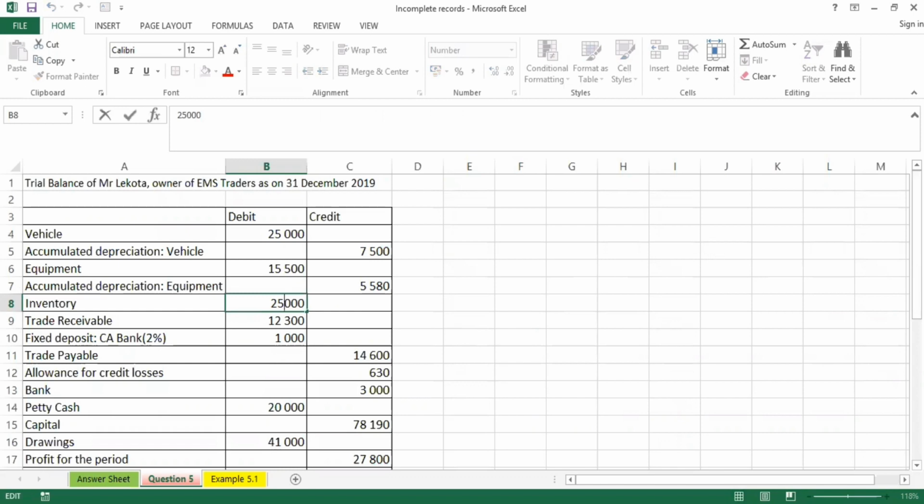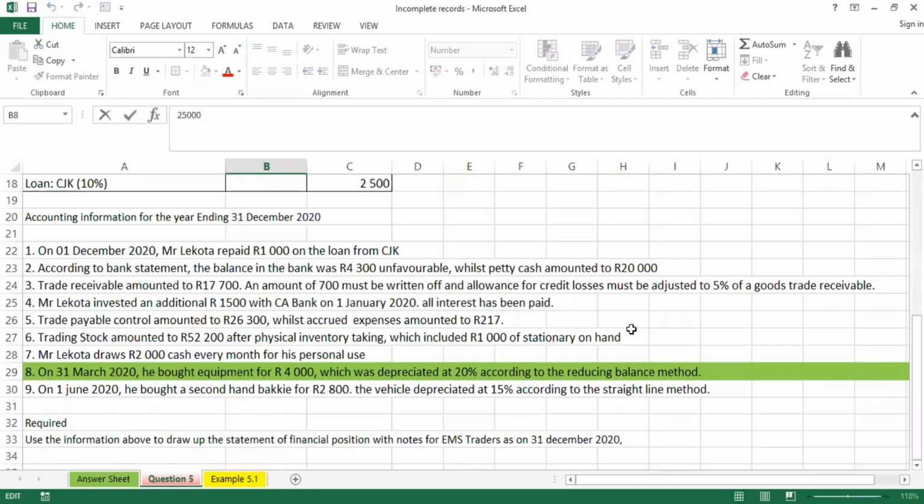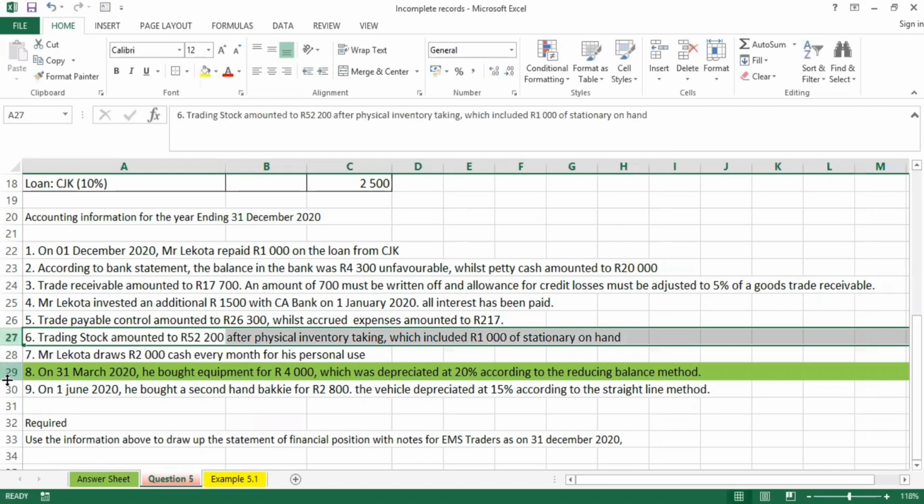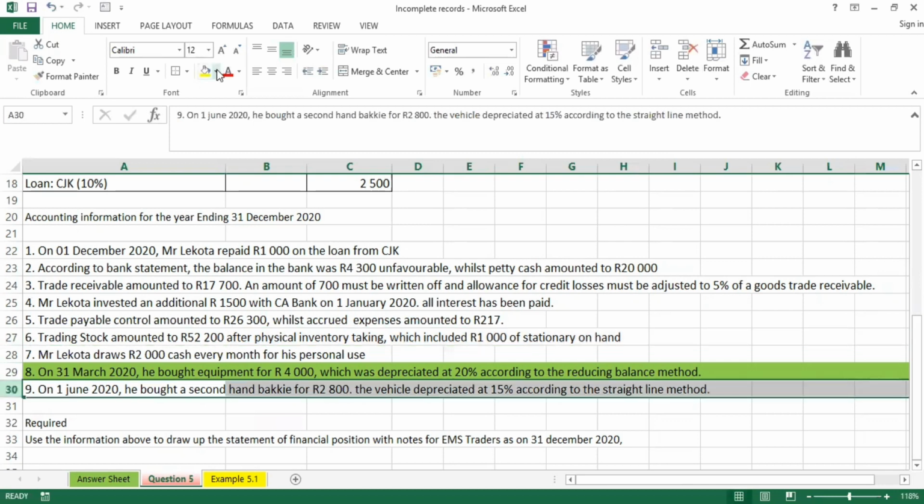Now our inventory, we're looking for inventory at the end. So we're going to check our additional information, what they're telling us concerning our inventory at the end. So you can already see number 6. Okay, so we are done with this one, so let's just highlight that.